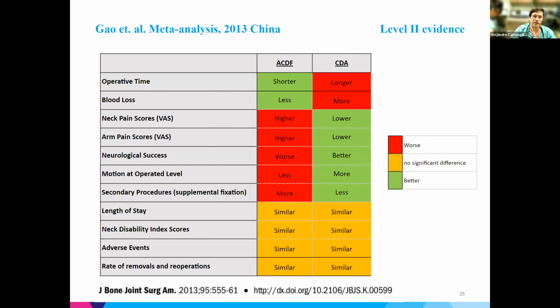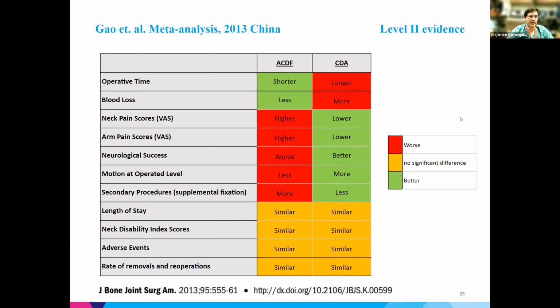Looking at some of the evidence now comparing ACDF versus cervical disc arthroplasty. This is a meta-analysis from 2013, giving us some level 2 evidence and collecting evidence from various randomized trials. And it showed longer operative time and more blood loss for disc arthroplasty.